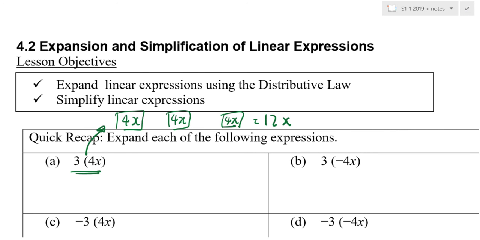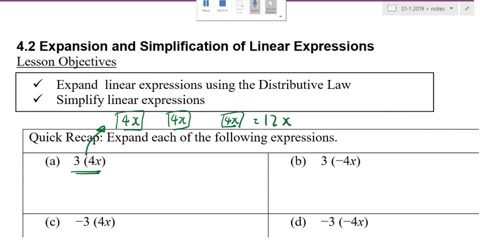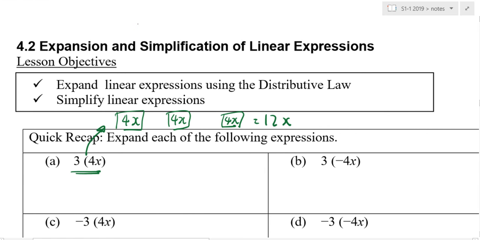So how do I understand this without drawing all the boxes? You just need to remember, bracket means multiply. And I need to make sure that the final answer is not changed or destroyed.